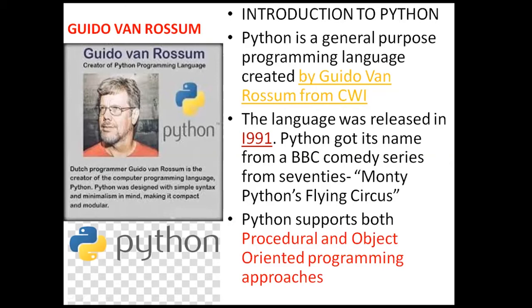CWI stands for Centrum Wiskunde and Informatica, which is a national research institute for mathematics and computer science in the Netherlands. The Python language was released in early 1991.